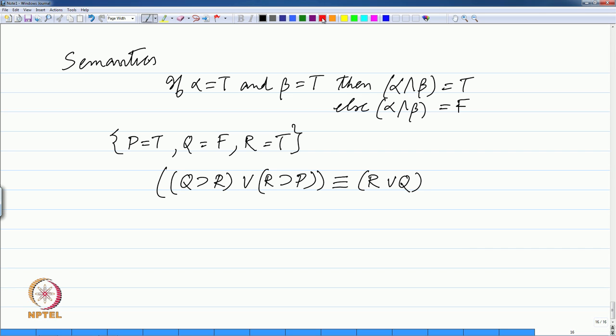So, we said that this is false and r is true. So, this formula by the semantics of OR becomes true, because at least one should be true. Then Q is false, and if you look at the truth table of Q, you will see that whether R is true or not, it does not really matter, but this becomes true.